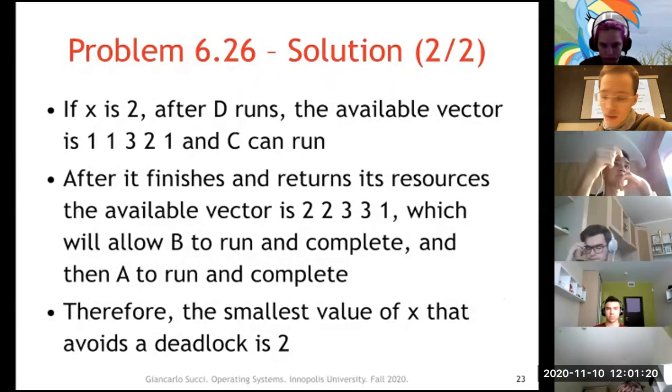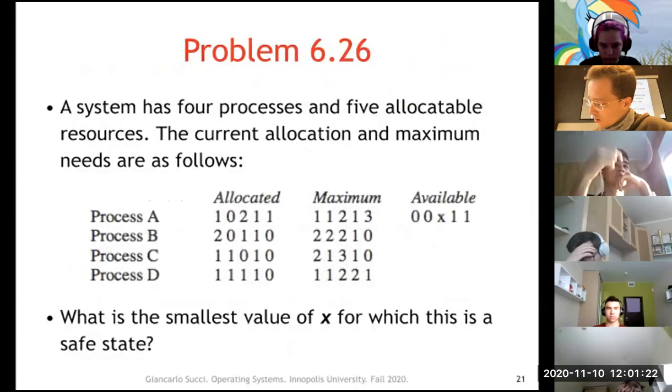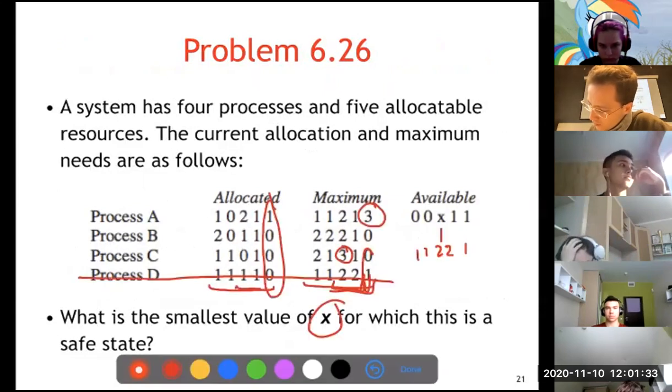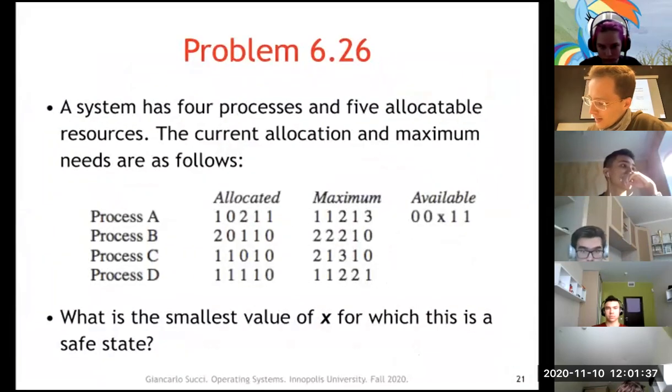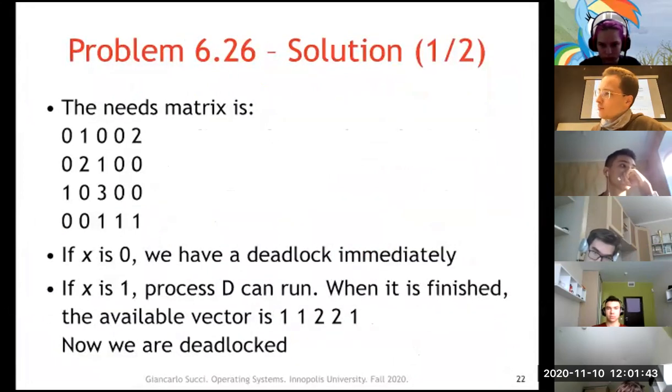Here you have available 1 in the first resource, once again. So process A, for example, we put 2 in X. Then we will get rid of process D, and then we will have 1, 1. Let's draw. So if X is 1, yes, thank you. And after that, we will get all the resources from it.